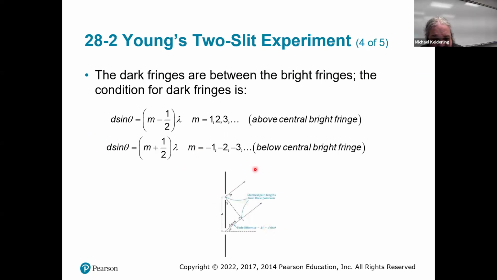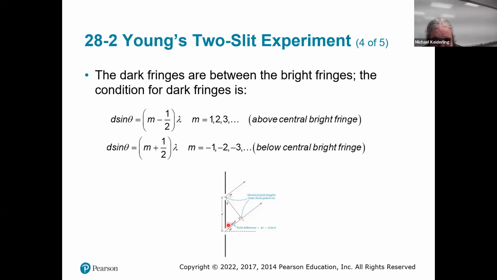So what's going on is that effectively the light goes out a long distance to the screen. So the two paths are identical from this point where you draw a line perpendicular. And the difference is just this length here, which is the distance between the slits times the sine of the angle.